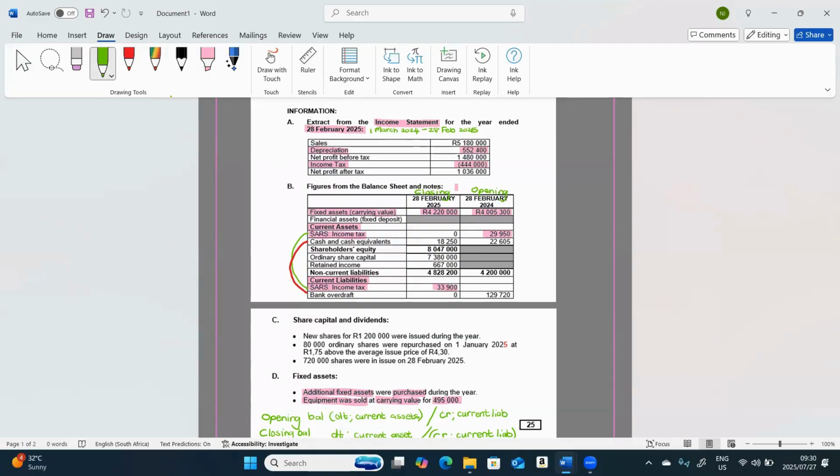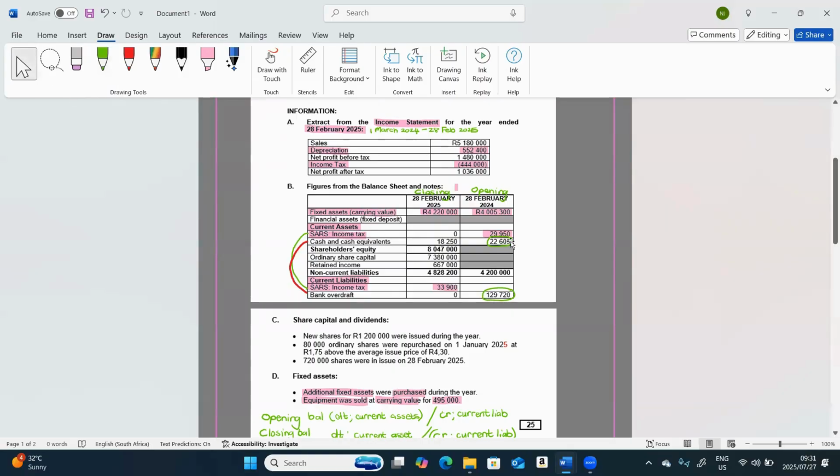So can you see in our opening balance, look here, guys, we have cash and cash equivalents as an asset, right? A positive balance in these bank accounts. But then we also had a bank overdraft. Okay, so guys, all we need to do over here to get our opening balance, it's very important to use both of these amounts, right?